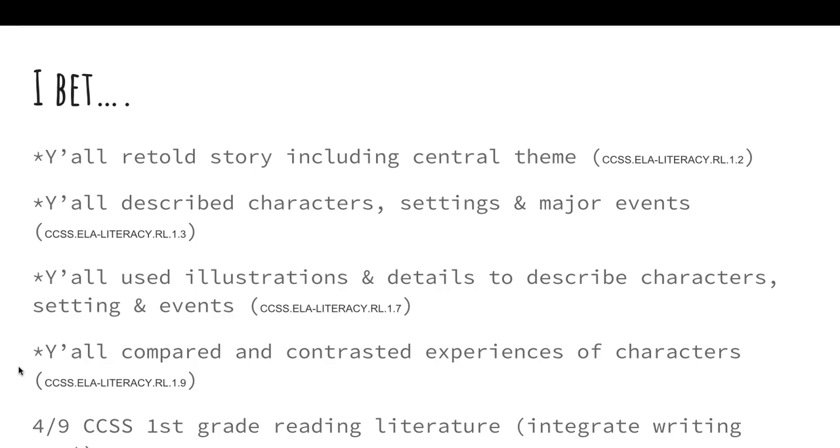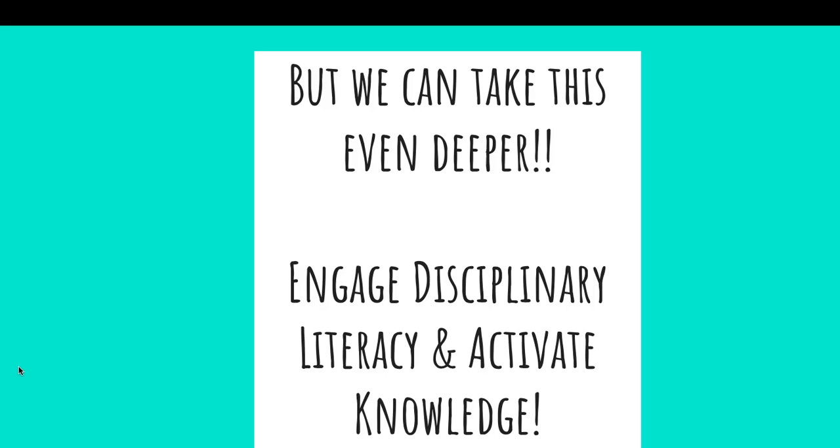They would have been describing the character, setting, and major events. They would have paid attention to the illustrations in the story and the detail to describe or characterize. And they also would have had to think about the different characters' experiences. And that's not even to name the writing standards, which would have been involved if they were writing this. So it not only has lots of benefits, but it also hits the standards.